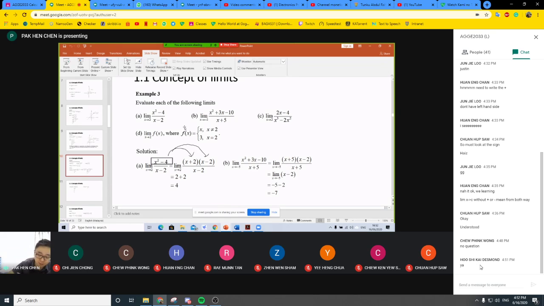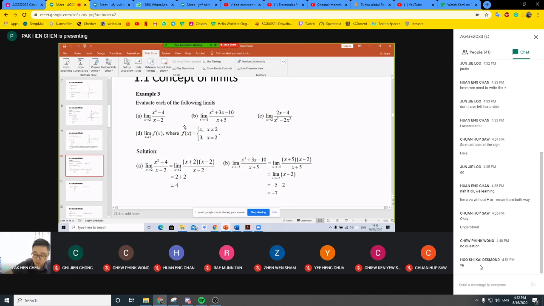Do you still remember this formula? a squared minus b squared equals what? a plus b times a minus b, isn't it? That is how I get x plus 2 and x minus 2. Then I can cancel this x minus 2. Once I have x plus 2, I substitute 2 into it, then we get 4.